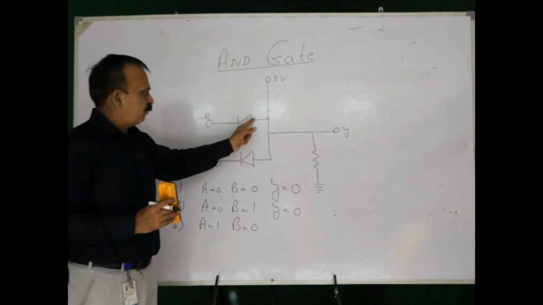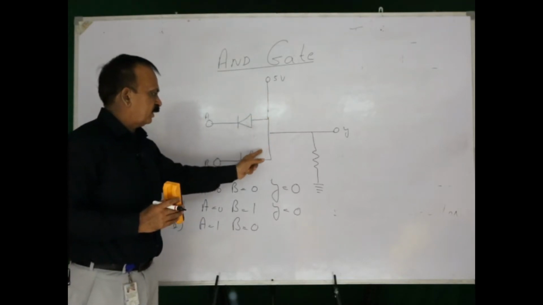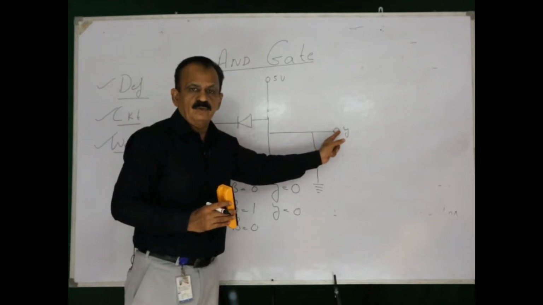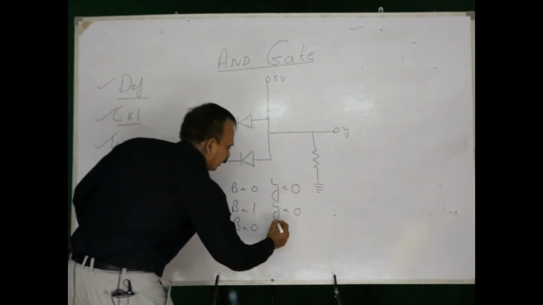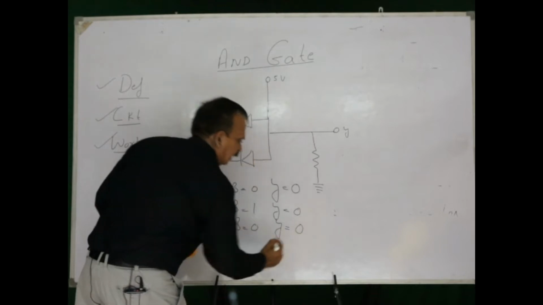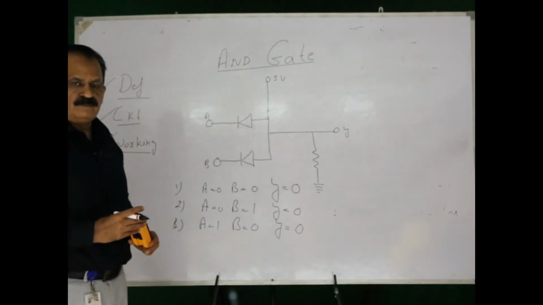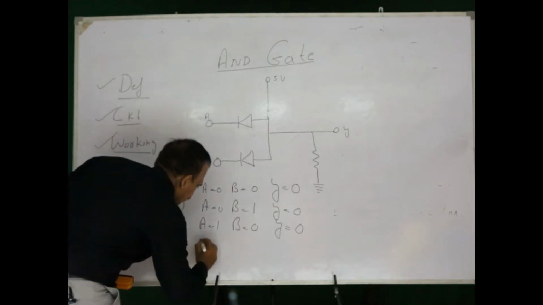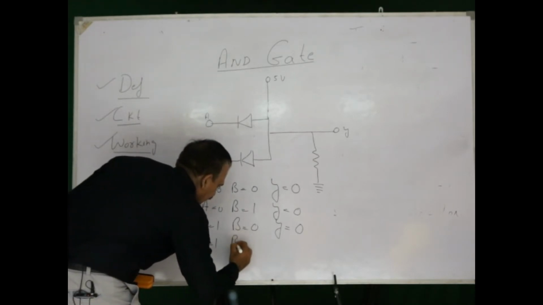So, no current through the upper diode, but there is a path for the current through the lower diode and no current will pass through the output. Y is again going to be 0.